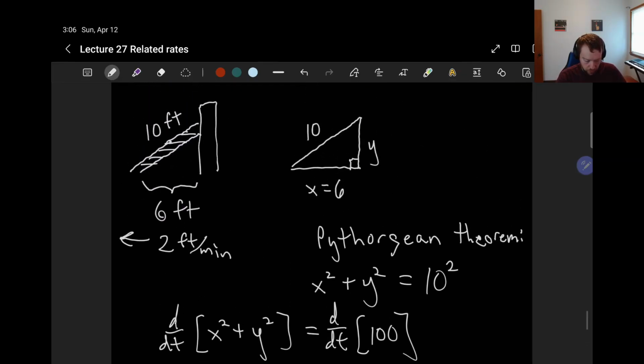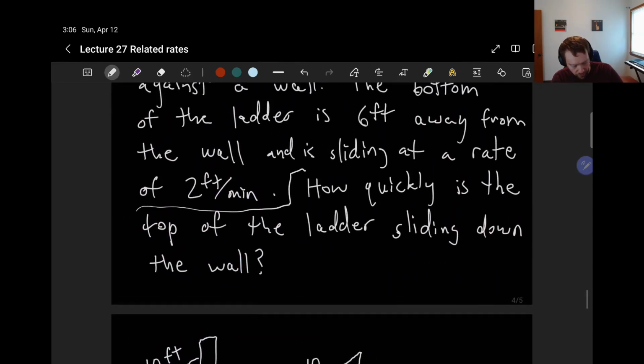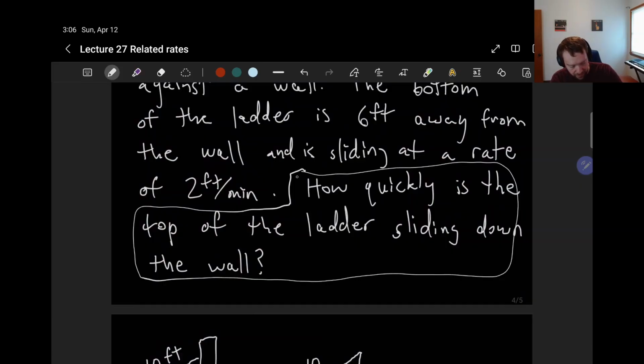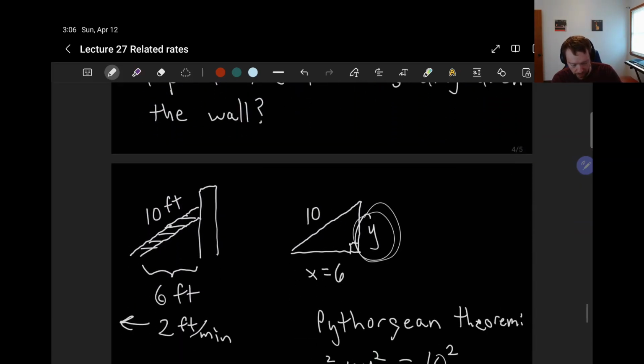Now recall, the problem was talking about how quickly the top of the ladder is sliding down the wall. That is talking about the rate of y. And that's a rate of decrease in this case, because y is going down as the ladder slides down.